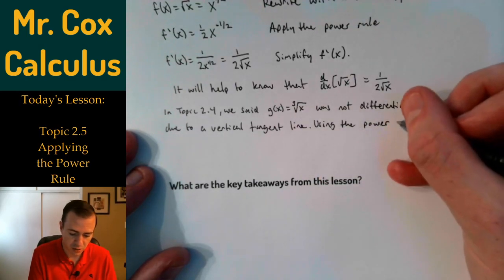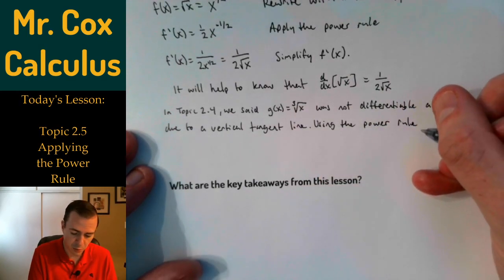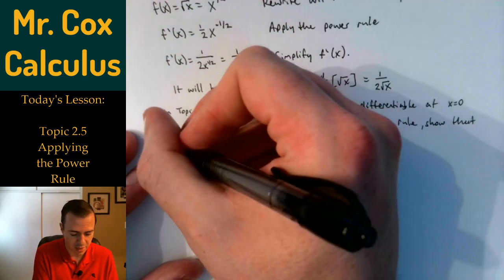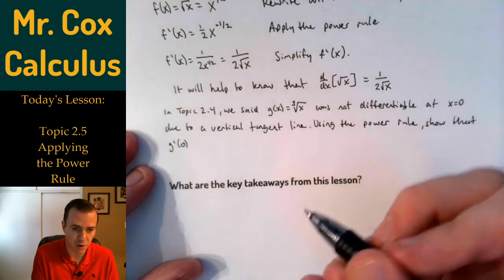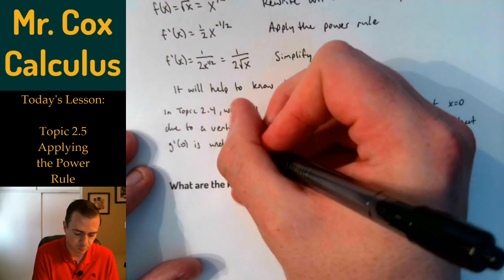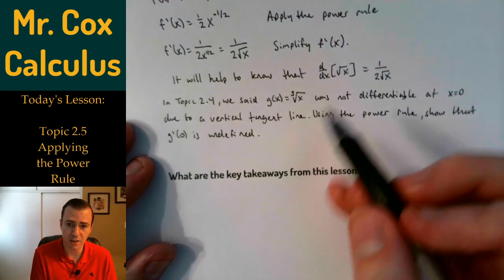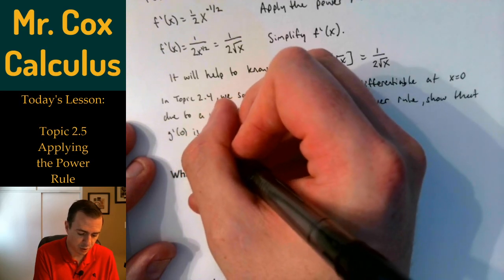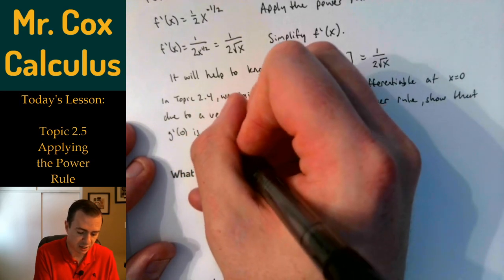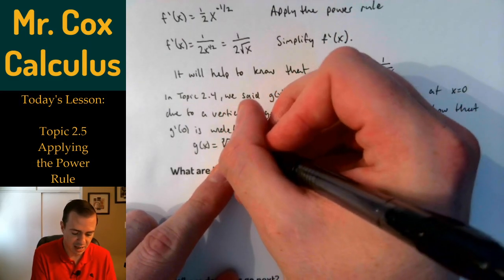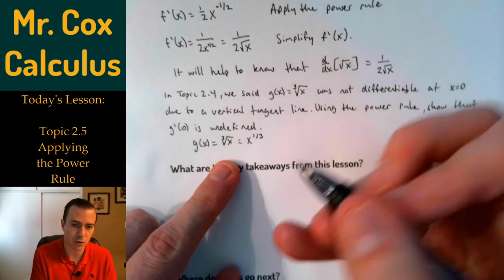So using the power rule, we can show that g prime of 0, or the derivative at 0, is undefined. If I take g of x equal to the cube root of x, I can now use the power rule to rewrite the cube root of x as x to the 1/3 power.